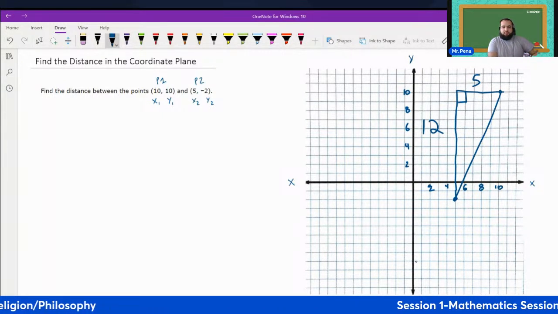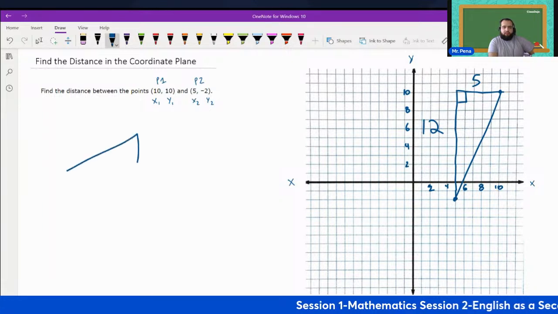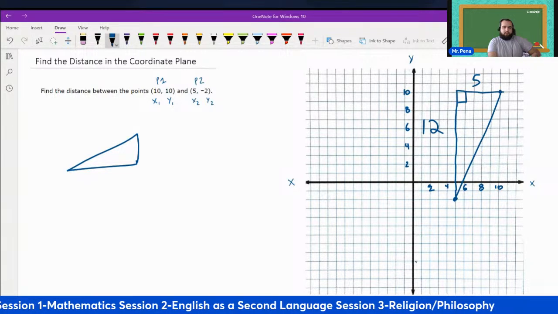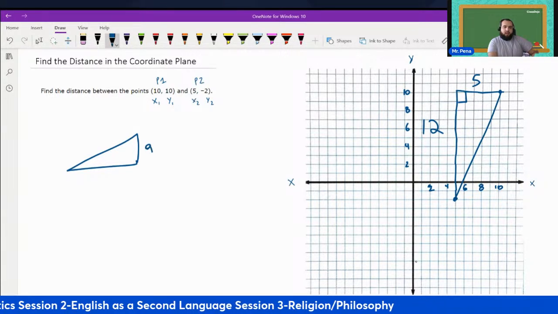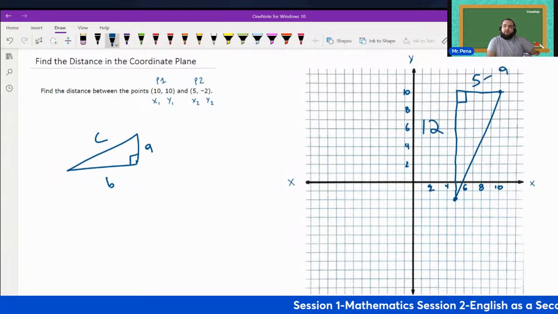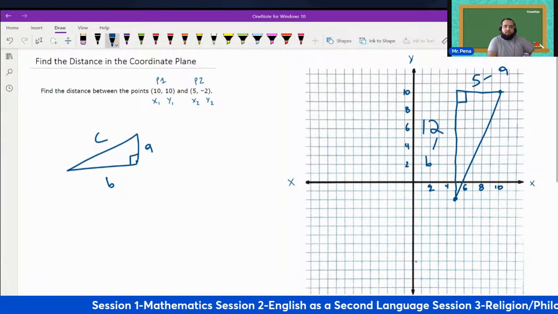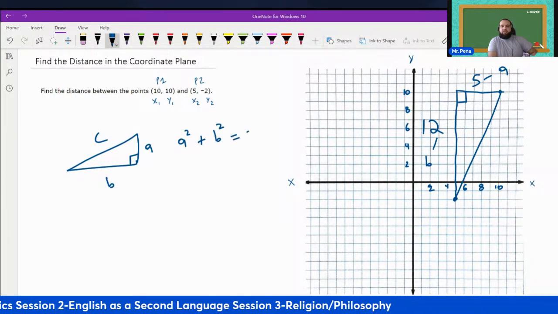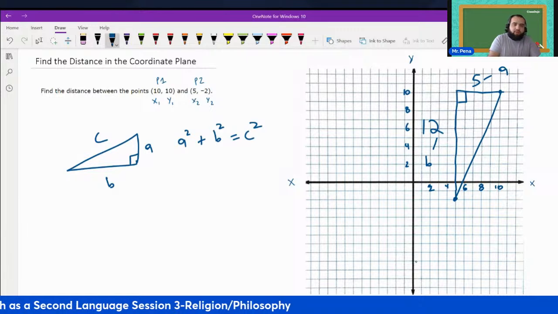So in a right triangle, such as this one, we have A, B, and C. Our A in this case would be 5. Our B in this case would be 12. So we're going to use the Pythagorean theorem to find the distance between those 2 points.